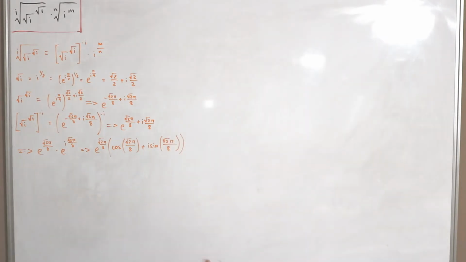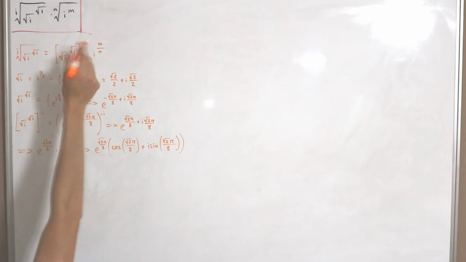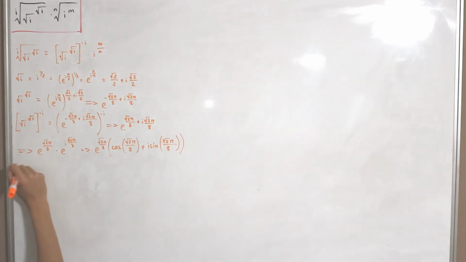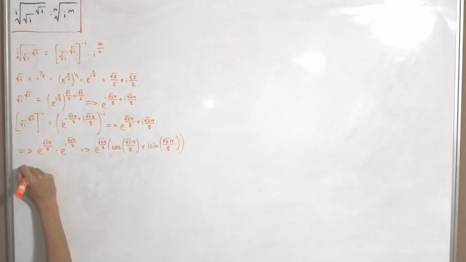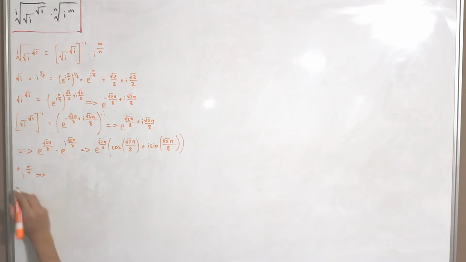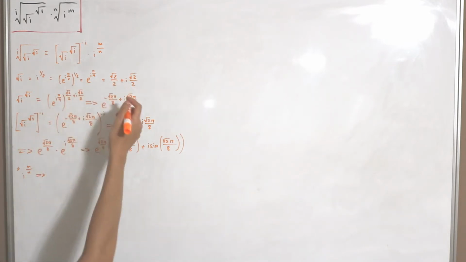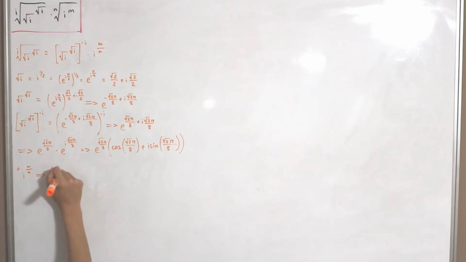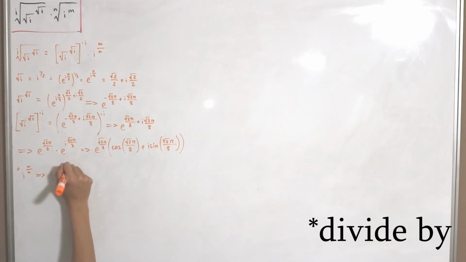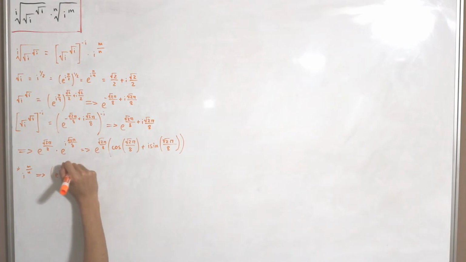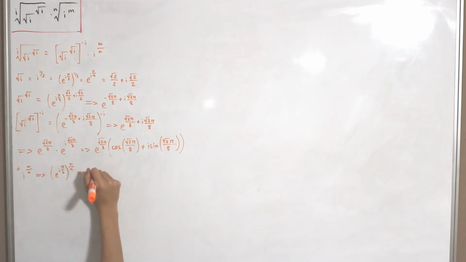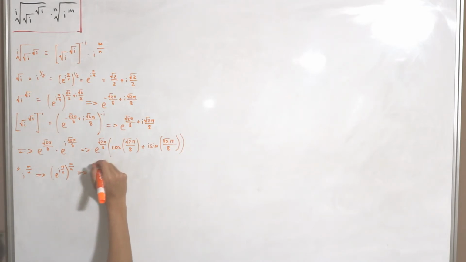Next, now let's focus on our i to the power m divided by n. Of course we know that i is simply equal, in its polar form, to e to the power i times pi over 2, and then multiply with m over n. Therefore this is just equal to e to the power i times pi m divided by 2n.